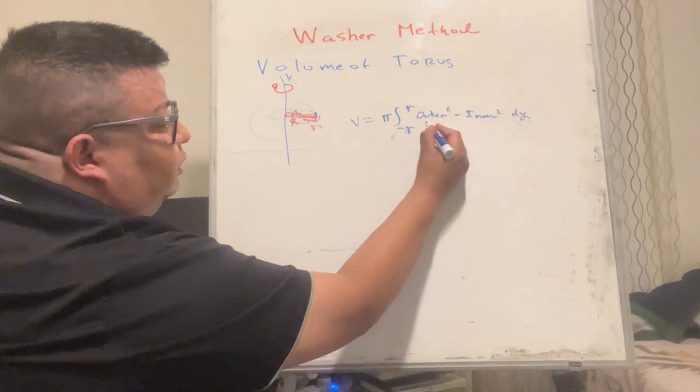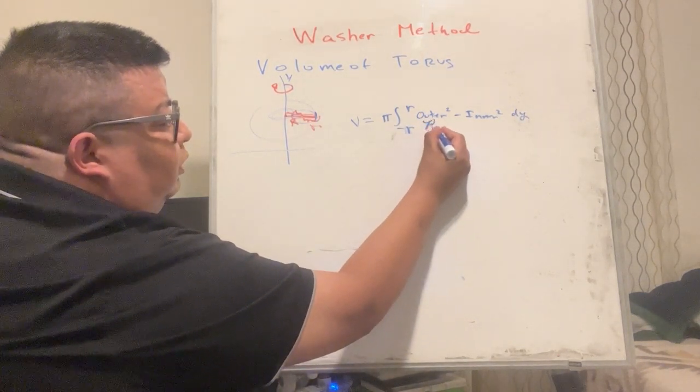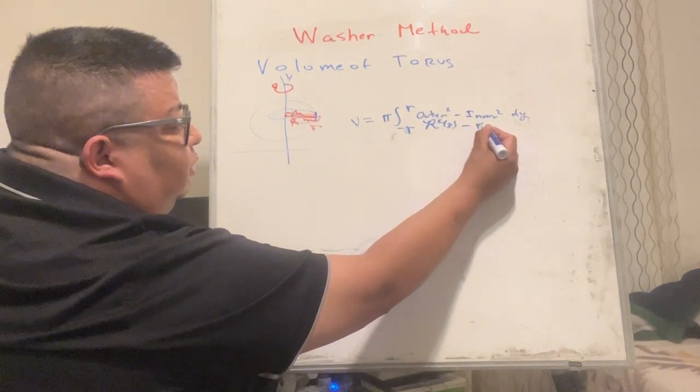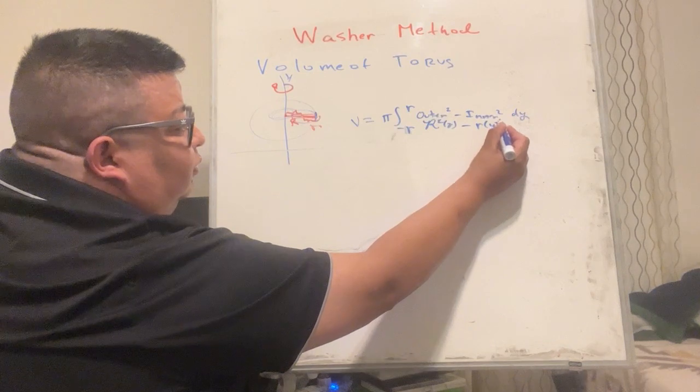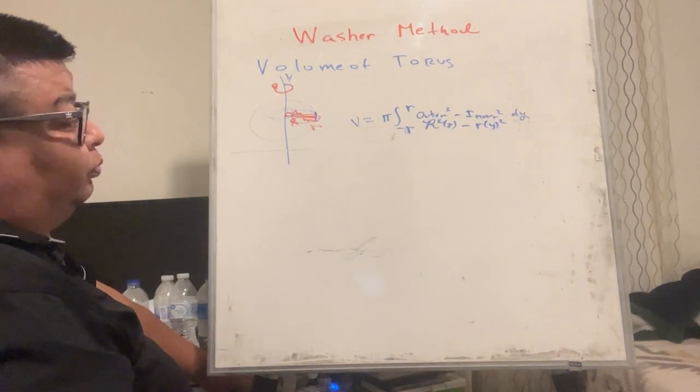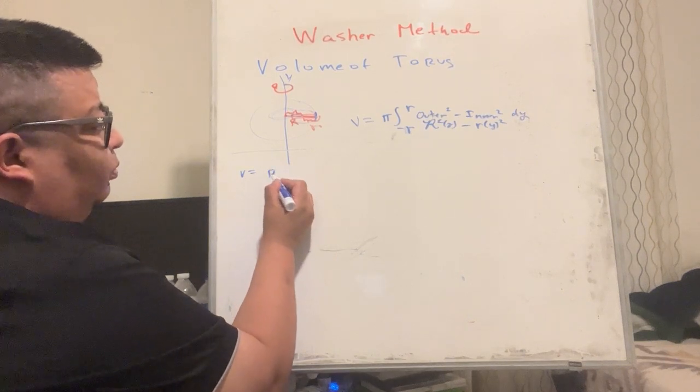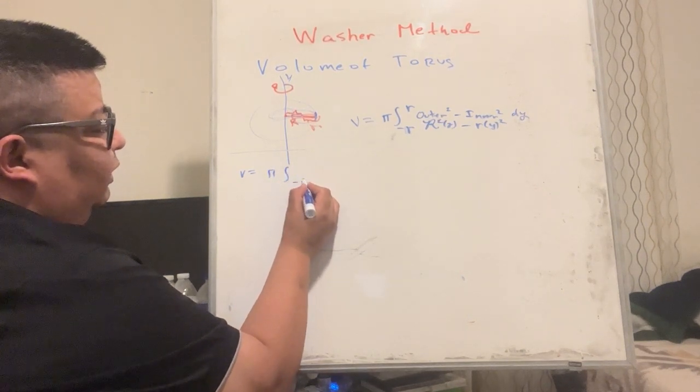You can call this one like that, big R squared of y minus little r squared. So the volume is equal to pi from negative r to r.